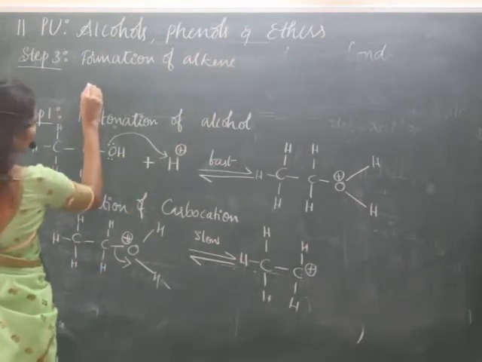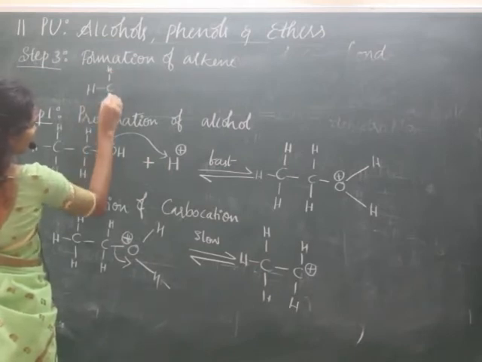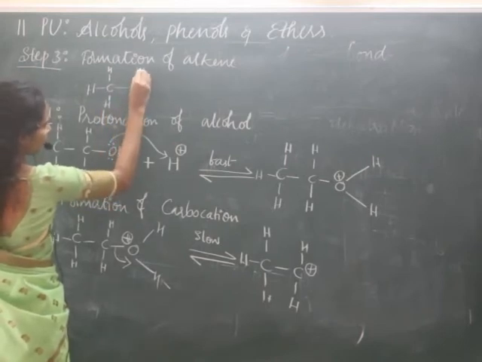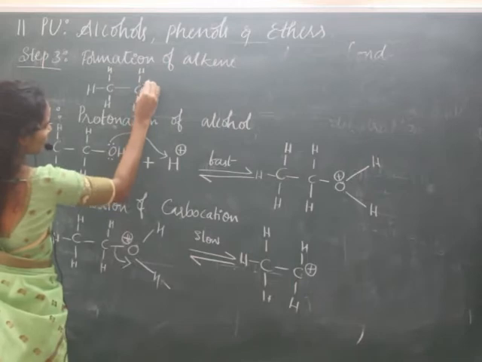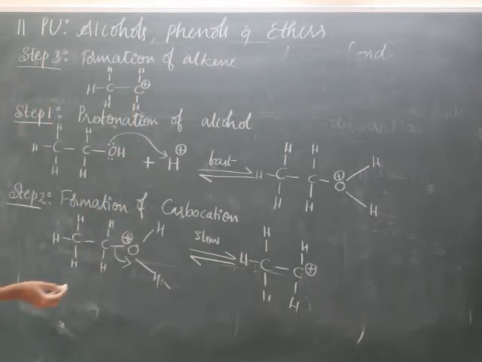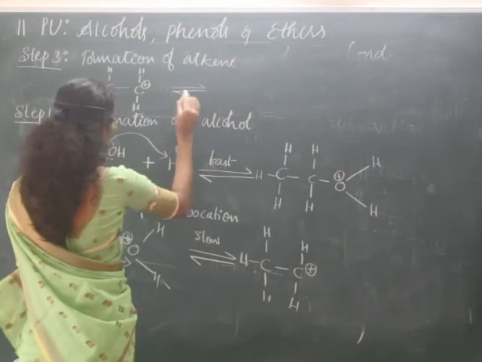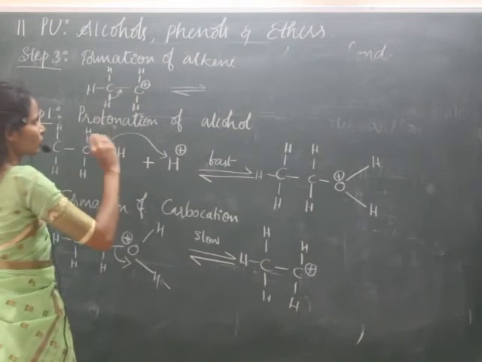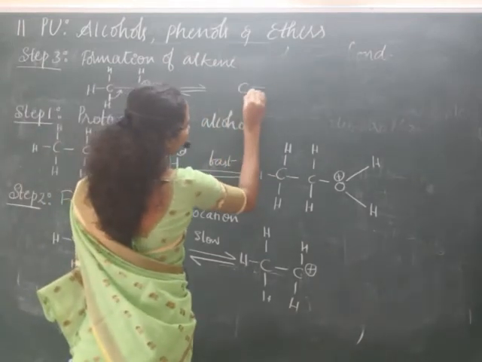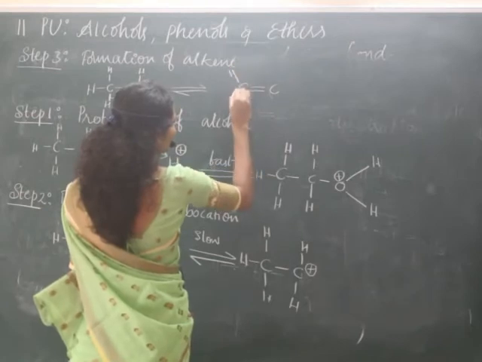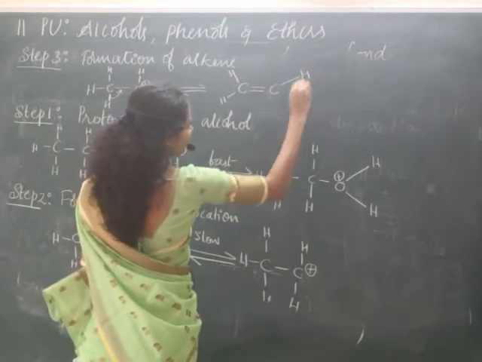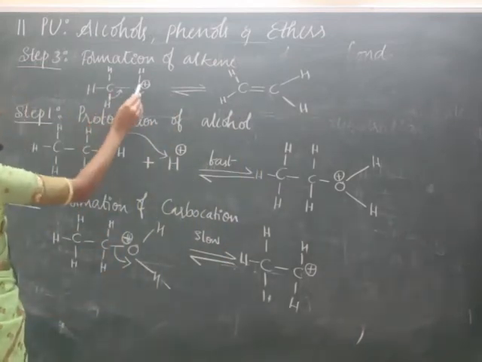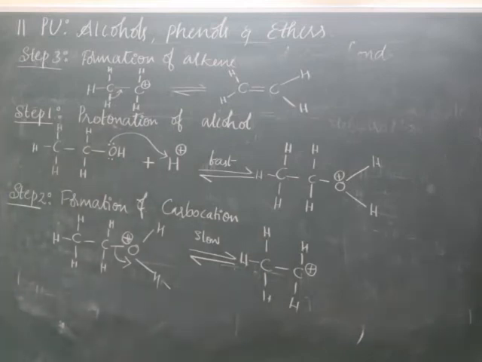That is CH3 single bond CH2 plus. This is the carbocation, right? In the next step, this hydrogen eliminates, this electron pair shifts over here and formation of alkene takes place. Am I clear? Now the alkene CH2 double bond CH2 is formed, right?